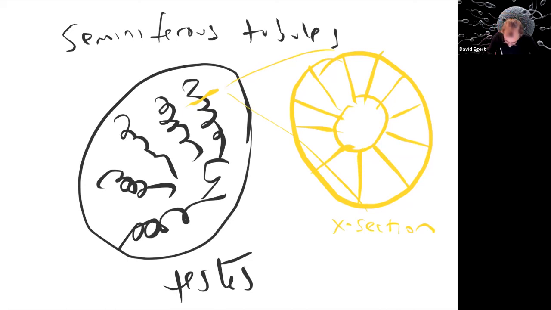One of their kind of fun names is nurse cells, or Sertoli cells. So these cells go all the way from the outside to the inside. These are what we call Sertoli cells.